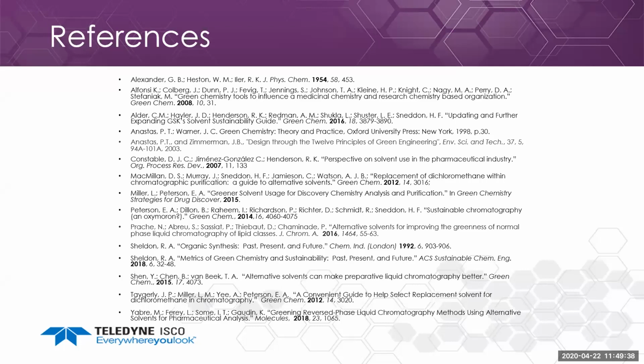Make sure that you flush all the flow paths with an intermediate solvent like IPA, isopropyl alcohol, which would be miscible with both hexane and water, is a good choice. So you want to use an intermediate to go back and forth between reverse phase and normal phase.